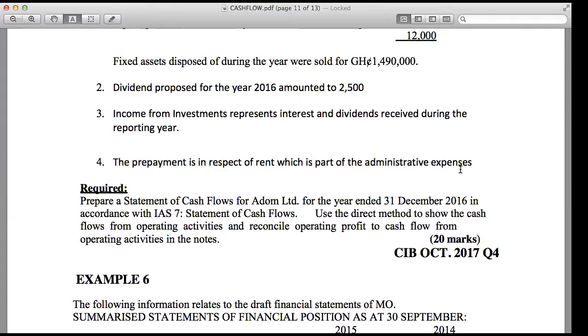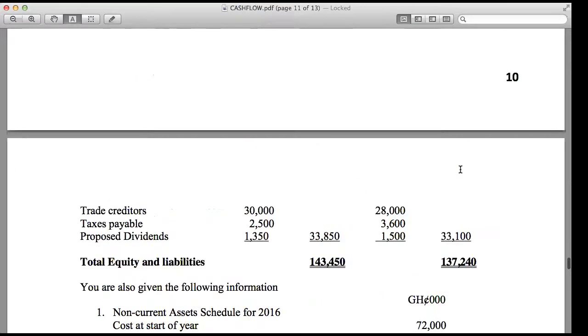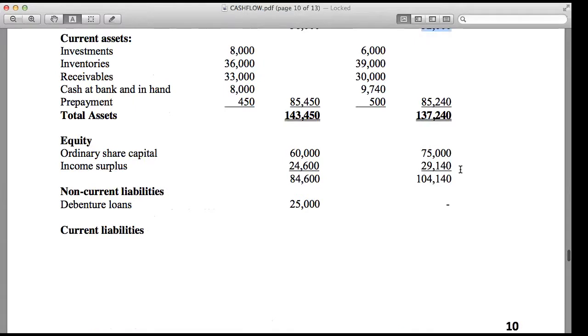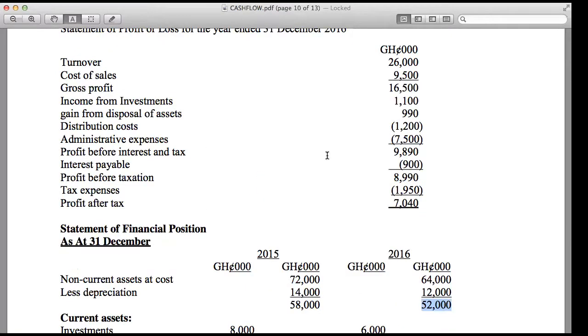Then note 3, income from investments represents interest and dividend received during the year. So when you go to the P&L, there will be income from investments. So let's go to the profit or loss. You can see here, there's income from investment.